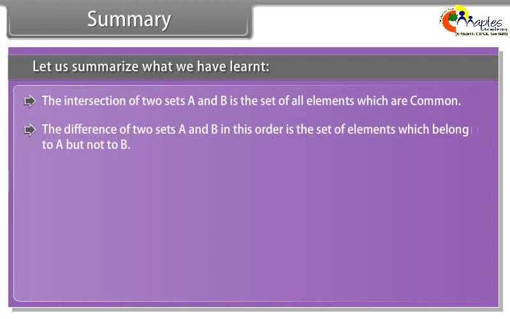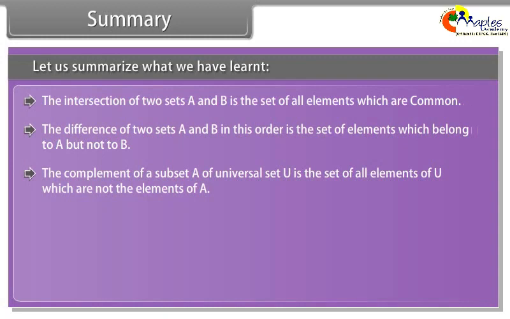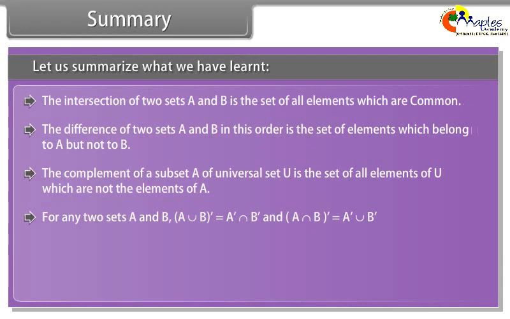The difference of two sets A and B in this order is the set of elements which belong to A but not to B. The complement of a subset A of universal set U is the set of all elements of U which are not elements of A. For any two sets A and B, complement of A union B is equal to complement of A intersection complement of B, and complement of A intersection B is equal to complement of A union complement of B.